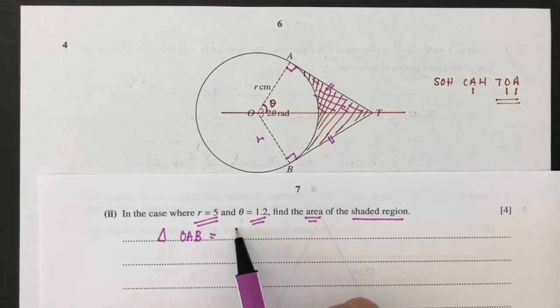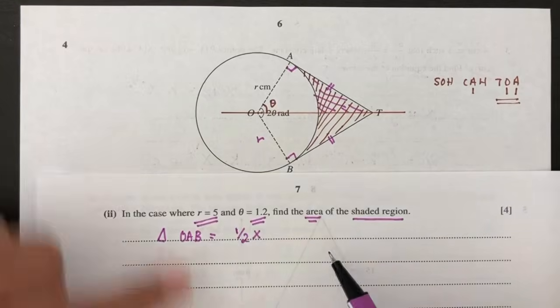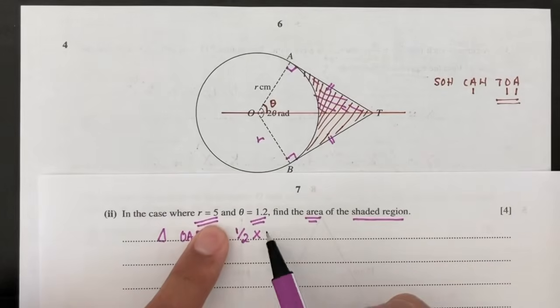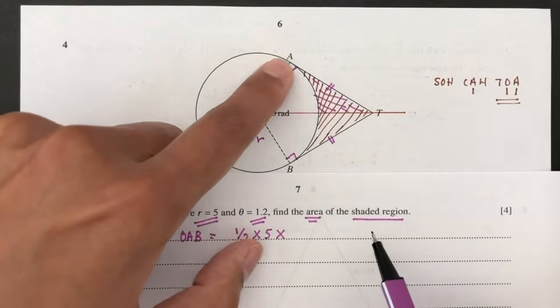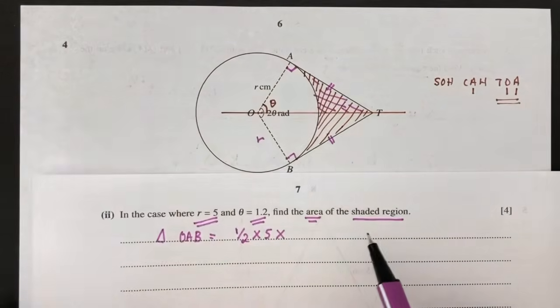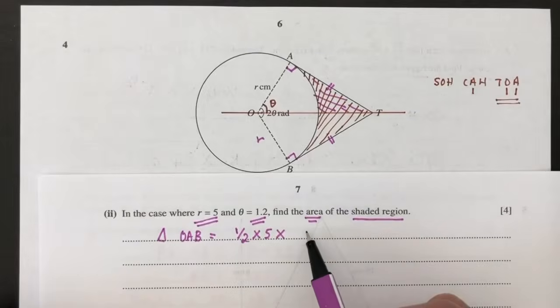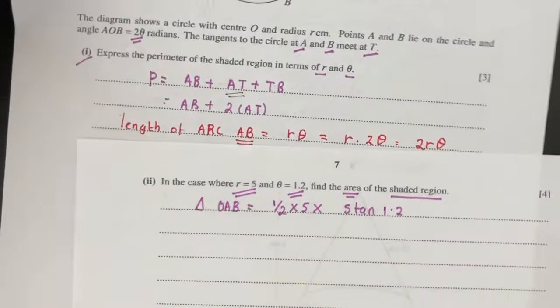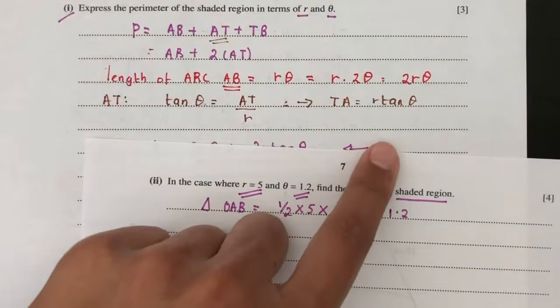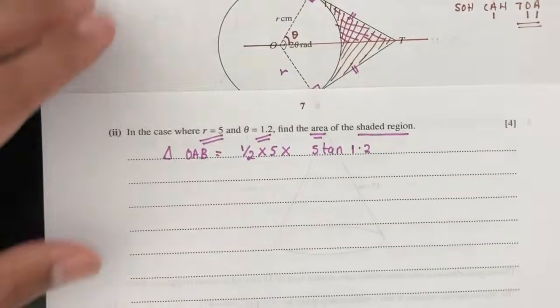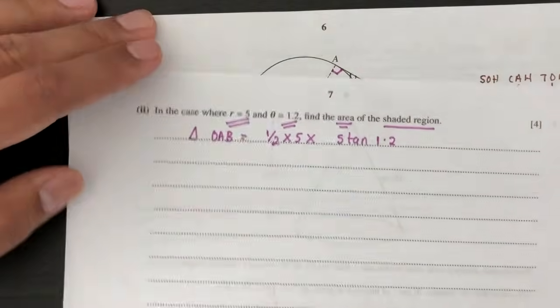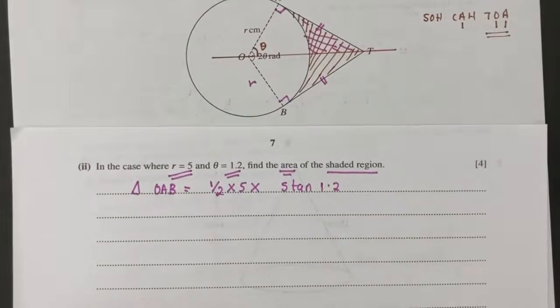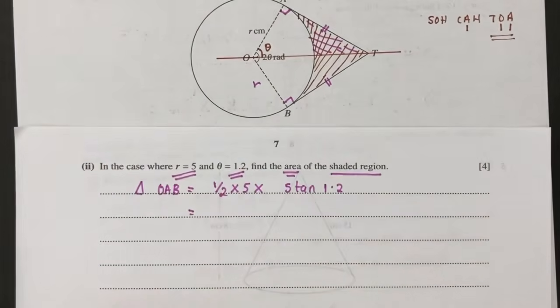As you know, the area of a triangle is half times base times height. The base will be r, given as 5, and the height is the length of AT, which is r tan of 1.2, since AT is given by r tan theta. So we know the values of r and theta, and we can solve.